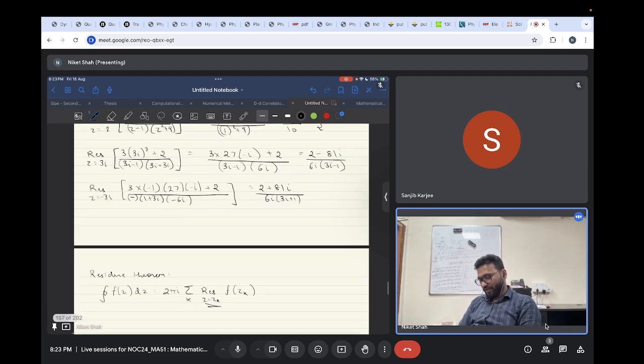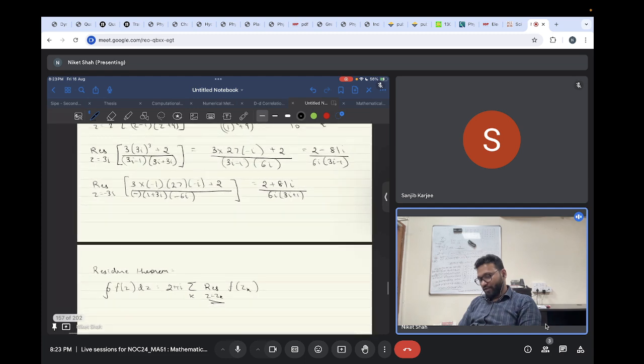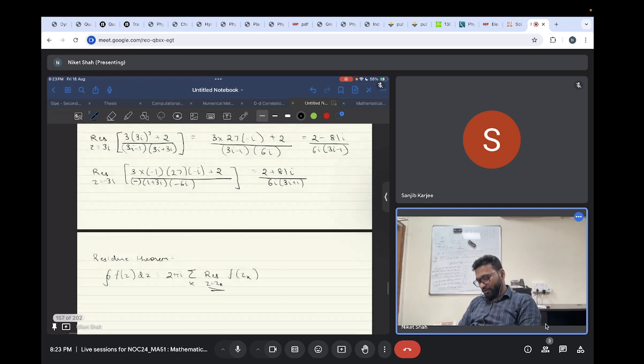So in our case, half into 2 pi i, plus 2 pi i into (2 minus 81i) divided by 6i into (3i minus 1), plus 2 pi i into (2 plus 81i) divided by 6i into (3i plus 1).